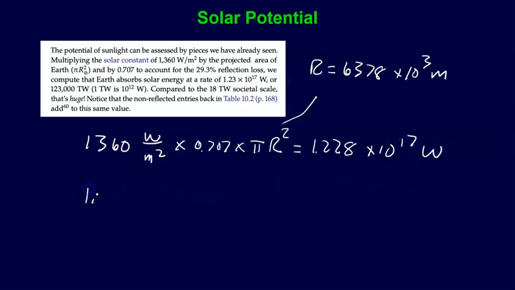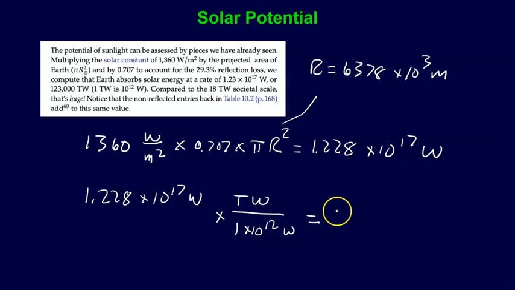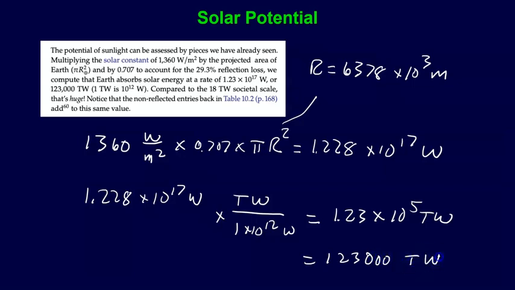What we like to do with this number is put it into terawatts, because that's going to be our most useful comparison. 1 terawatt is 1 times 10 to the 12 watts, and when I do this, I get 1.23, we'll truncate that, times 10 to the 5th terawatts. The most helpful way to write that is 123,000 terawatts.